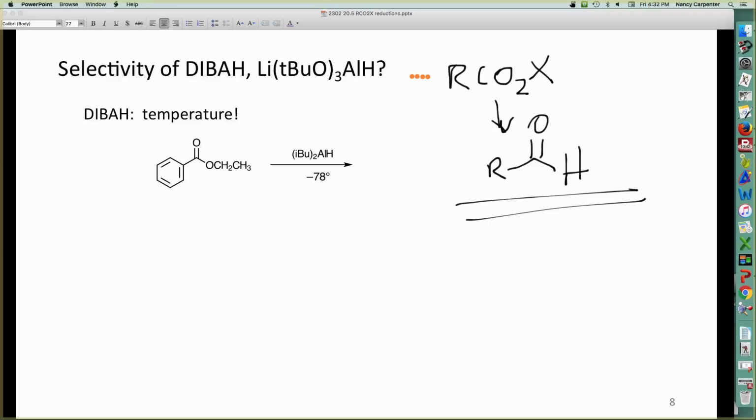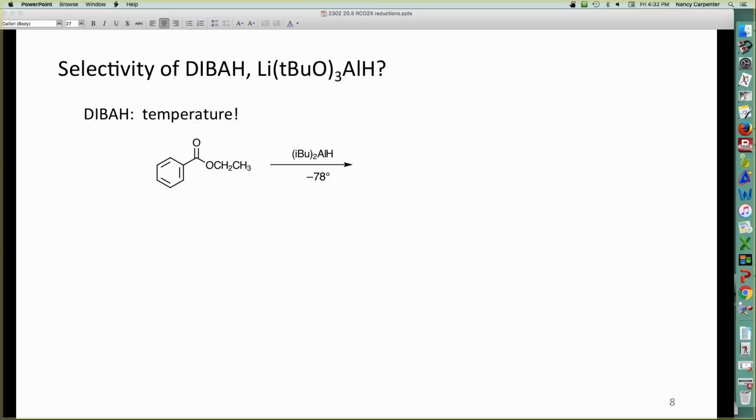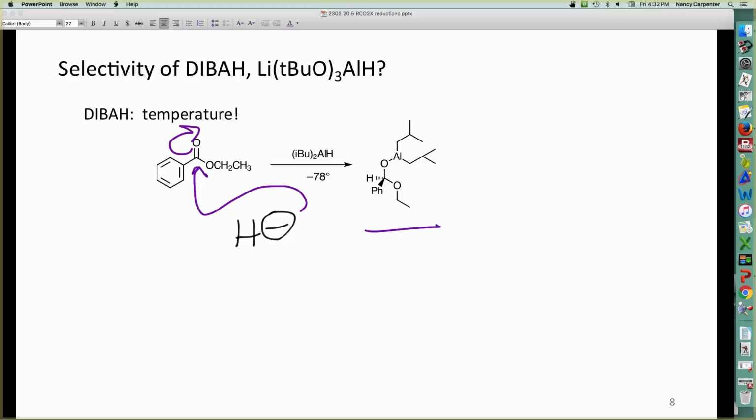Why do they work? Well, the reason that DIBAL works is because you can run the reaction at minus 78 degrees. So what you'll see happening is that your H minus, and again, this is kind of cheating. It's more than just H minus, but we get our tetrahedral intermediate, which we see on the right here.